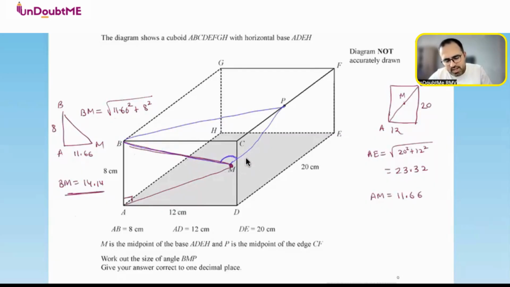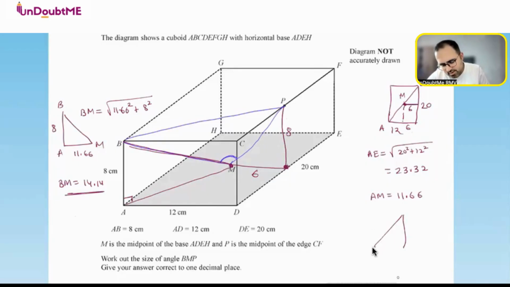Now it is time to find MP. For MP, again, look at this triangle, rectangle, and if I join a line from M to this point, then this will be half of the side because it's a midpoint. So this will be 6, and then from P to this point, this will be same as the height, which is 8, and we can very easily find PM again using Pythagoras theorem.